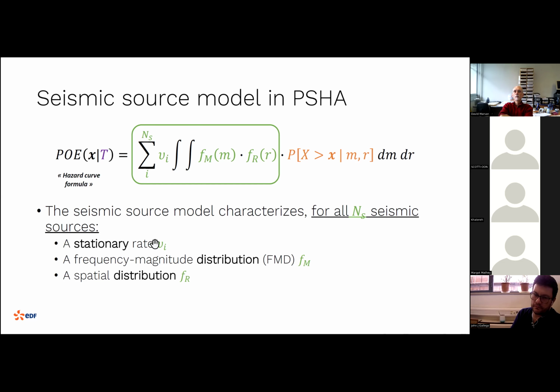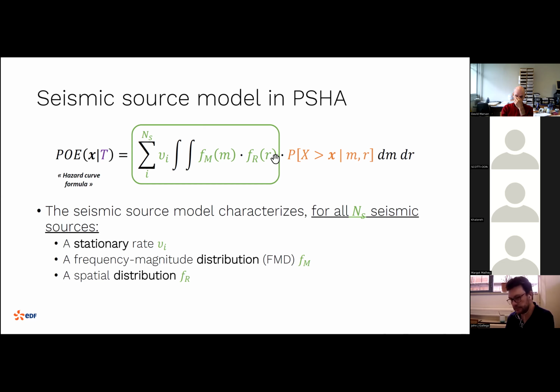First, a stationary rate, nu i. Second, a frequency magnitude distribution. And third, a spatial distribution of seismic sources. So this is the outline we will follow in the next slides.